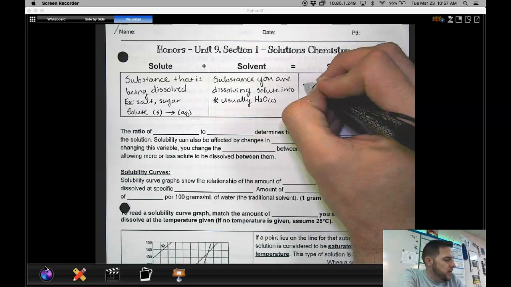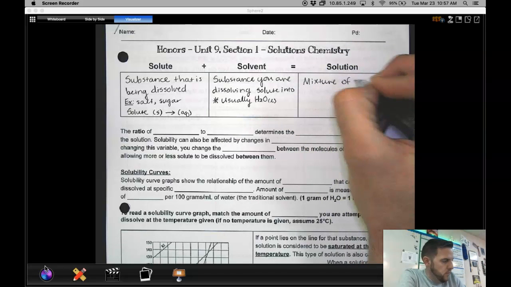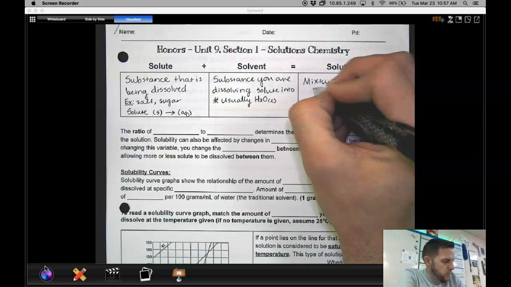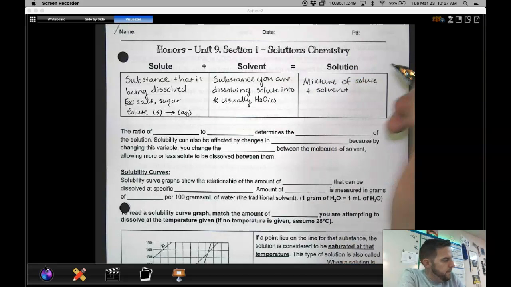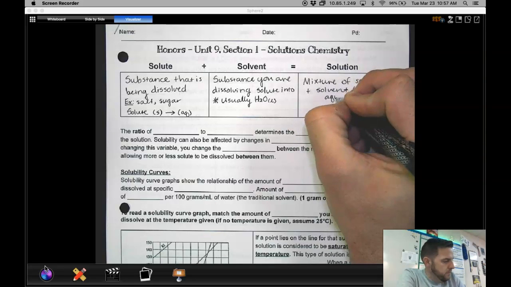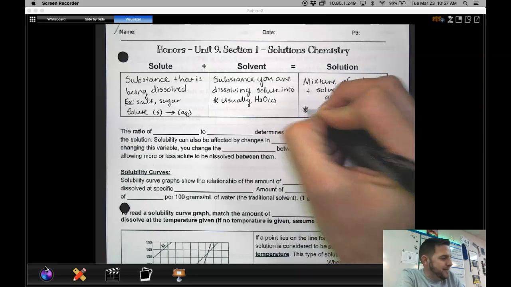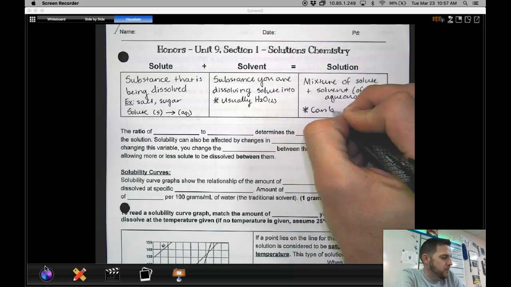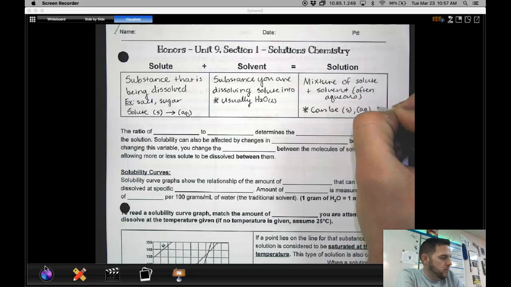And then once they come together, we have the mixture of the solute and solvent. It is often aqueous, but it can be solid, aqueous, or gas.